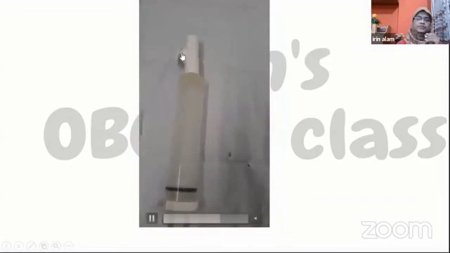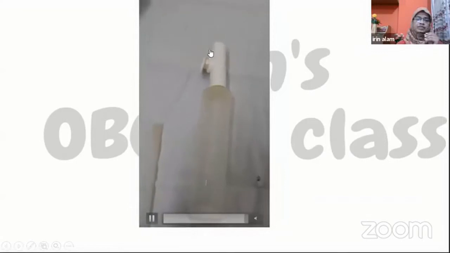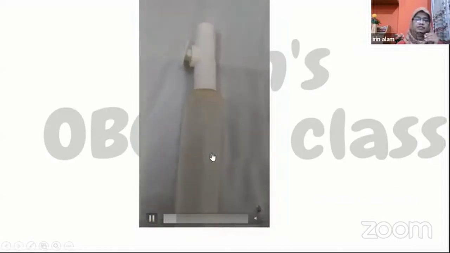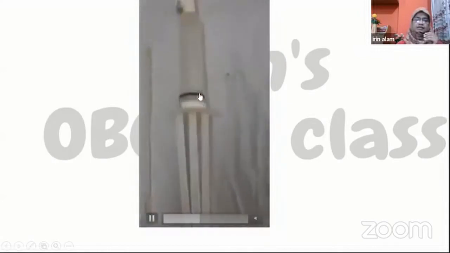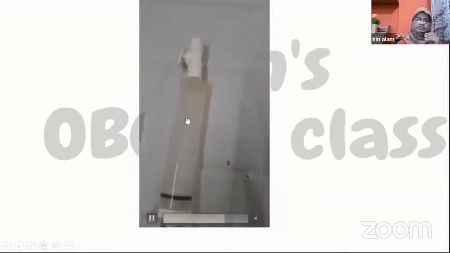There is a valve, and this syringe is about 50 cc. There is a plunger, and negative pressure can be created by pulling it.